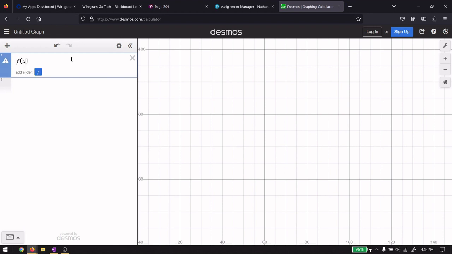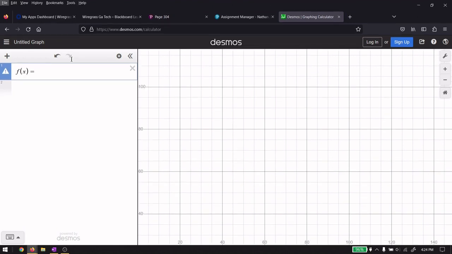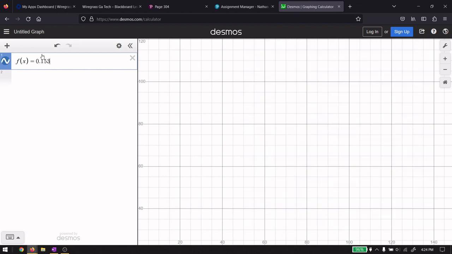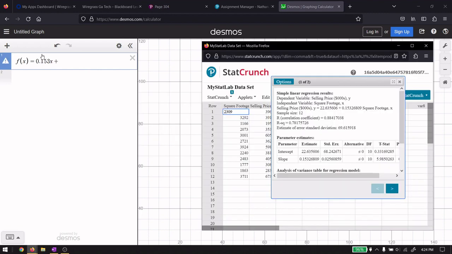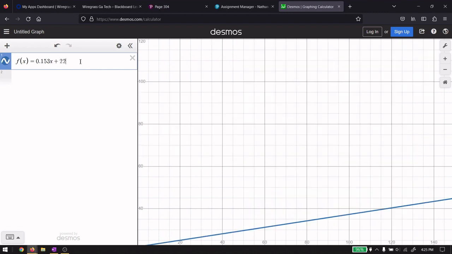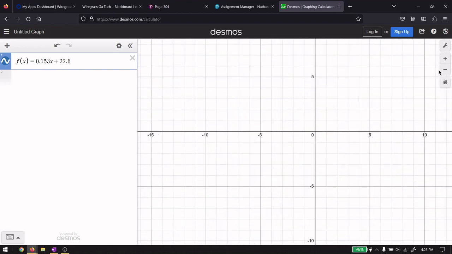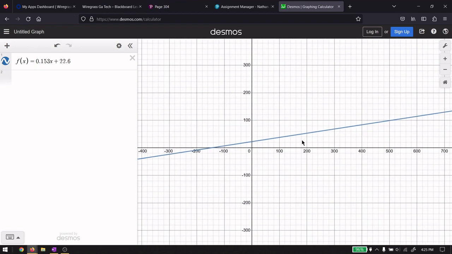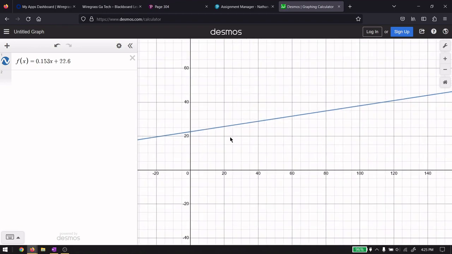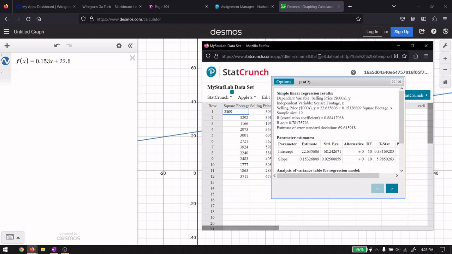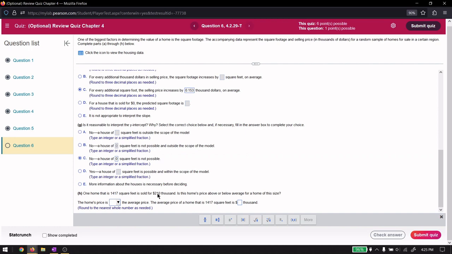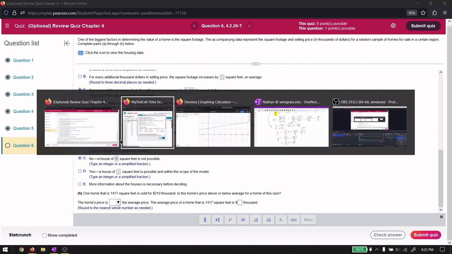Go ahead and graph what we just found. 0.153x plus 22.6. And it's asking us about a square footage of 1417 sold for 210.